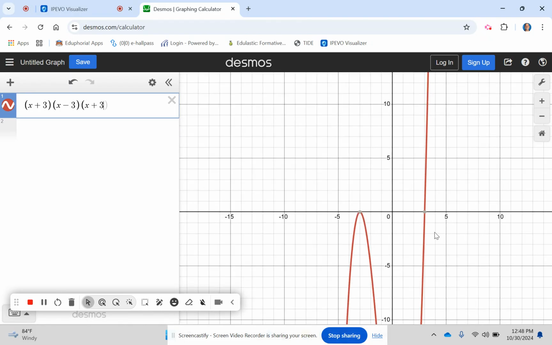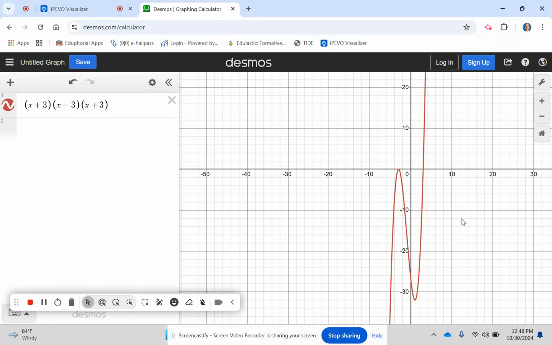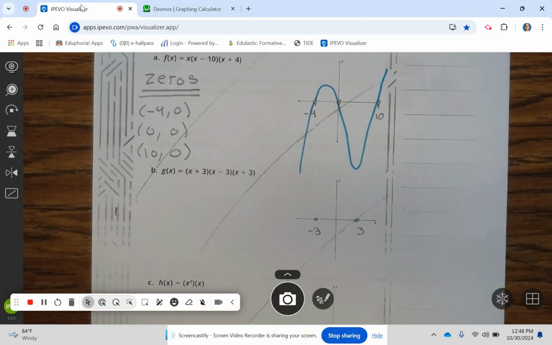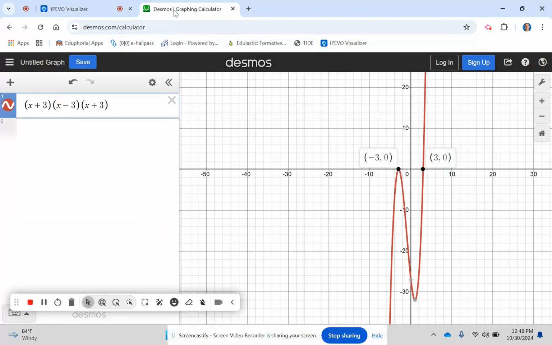Okay, so we're going to zoom out so we can see the full graph. And we're probably okay there. So those points are important, negative 3, 0, and 3, 0. Let's go ahead and label that on our graph. Okay, so we have these points labeled, and then let's get the graph based on that.